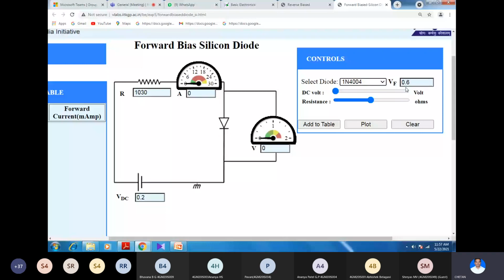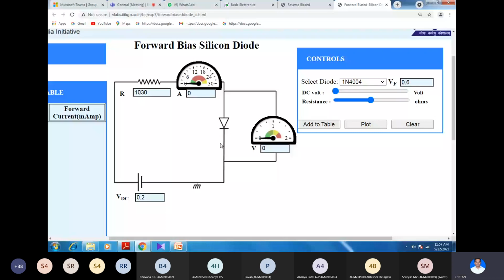So initially I will keep the voltage low, as low as around 0. When the voltage is almost equal to 0, no current is flowing through this circuit. You can see the ammeter is showing 0, and the voltage across this diode, which is our forward voltage, is also 0.